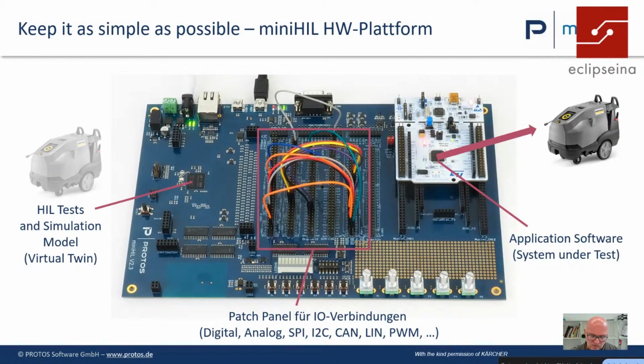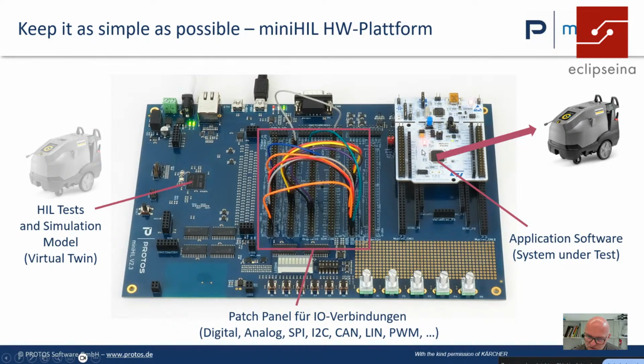Kärcher is testing the complete product lines for the home line and for the professional line with the miniHIL, because they can switch between different product members or variants of the product line easily by just changing the software setup and the wiring, also automatically.